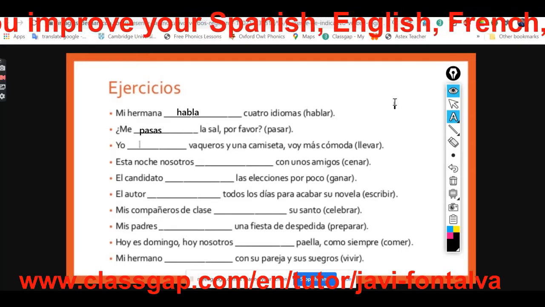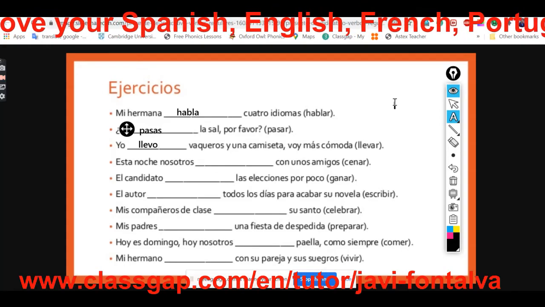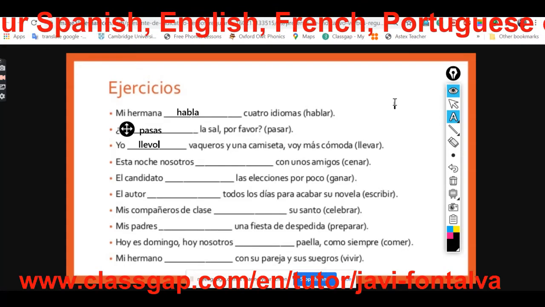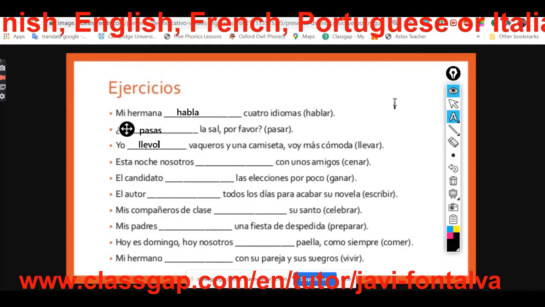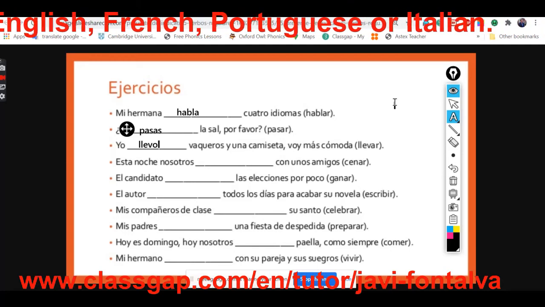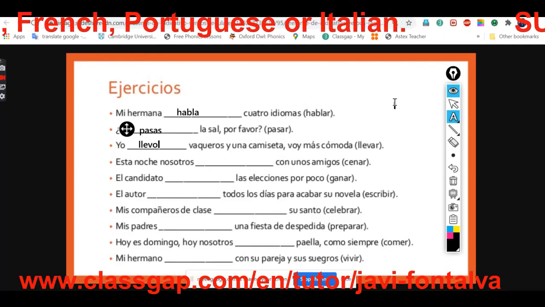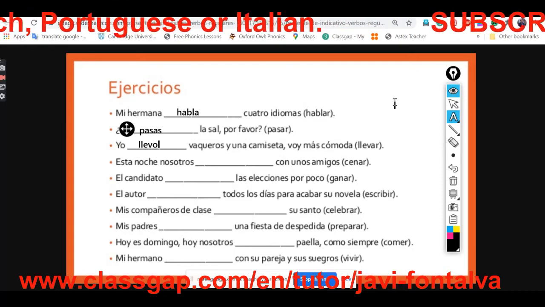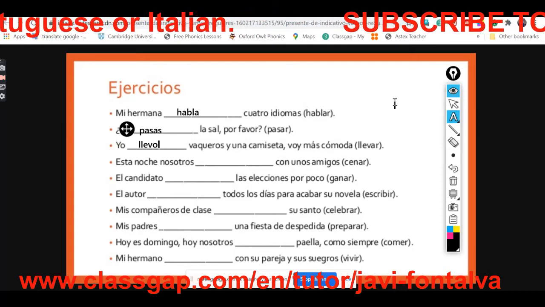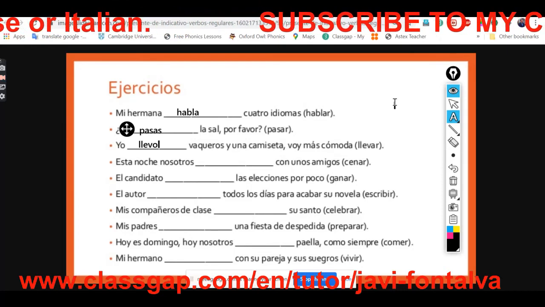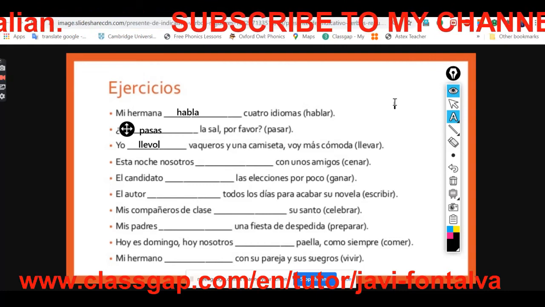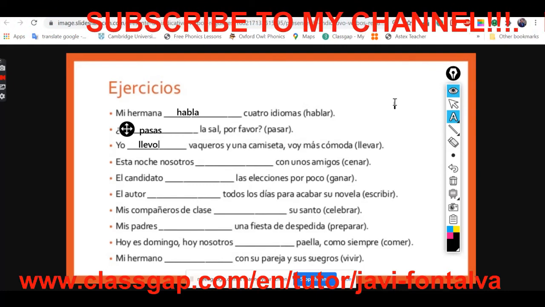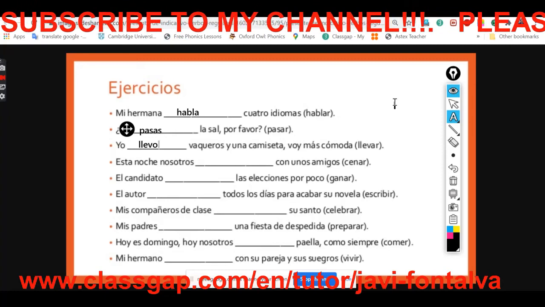Llevo. Good job. What does this mean? To wear. So what does the whole sentence mean? I wear vaqueros. What does vaqueros mean? Jeans.